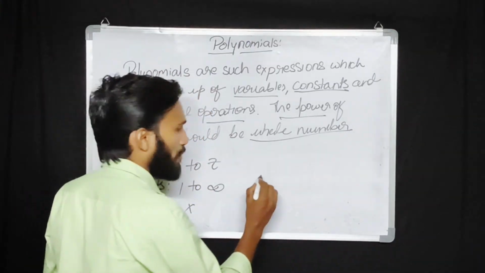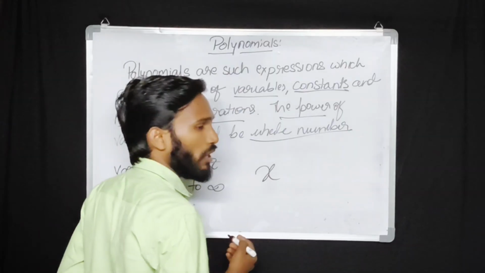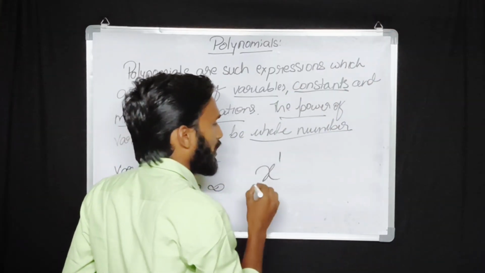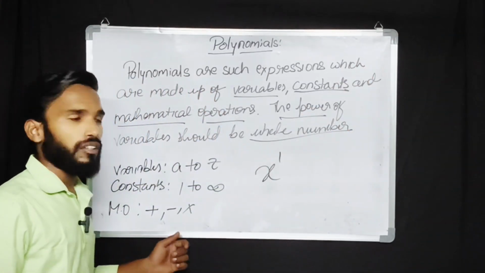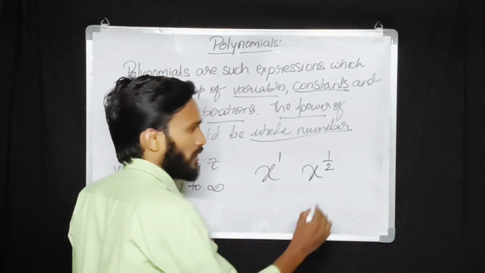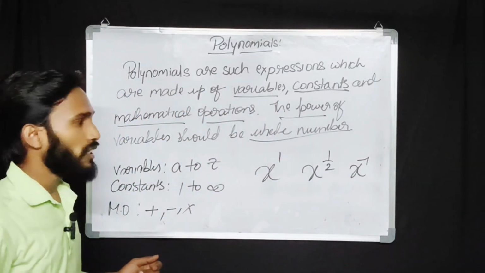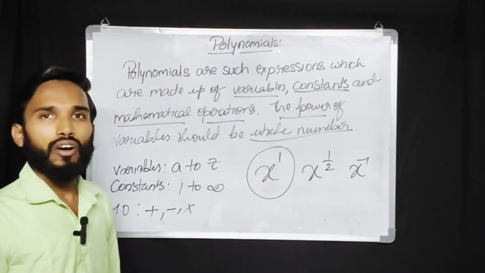For example, this is a variable. The power of this variable should be a whole number. Whole number in the sense from 0 to infinity, whether it is 1 or 2 or 3 or 4 or 0 or 5. The variable power should not be a fraction. It should not be a negative integer. So the power of the variable should be a whole number.